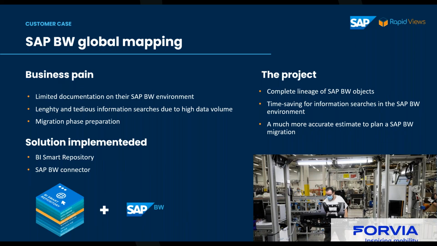Through our BI Smart Repository and our SAP BW connector, we import all the BW metadata and provide all the documentation of their SAP BW. Now they have a component to be able to see what they are going to do. The next step, of course, is to migrate this system to something else, and that is what they are working on these days.